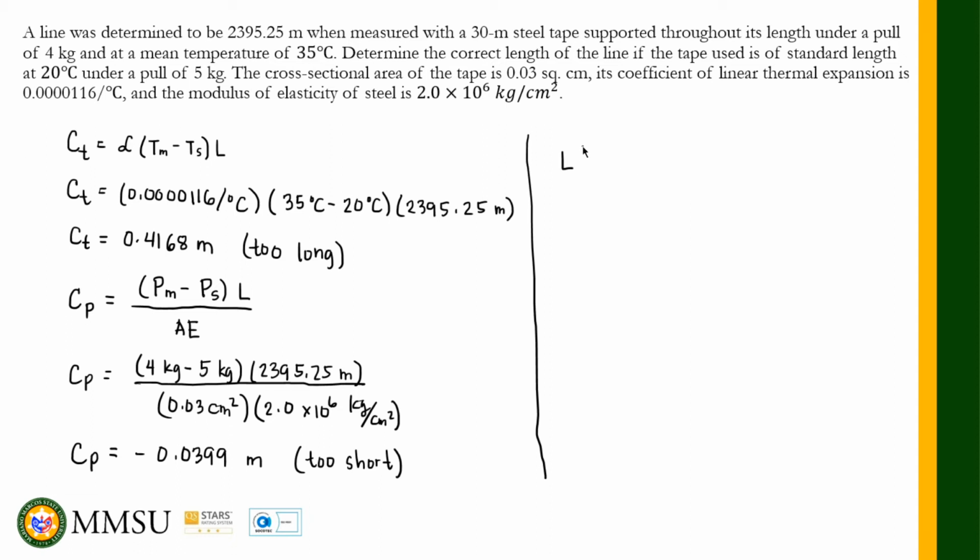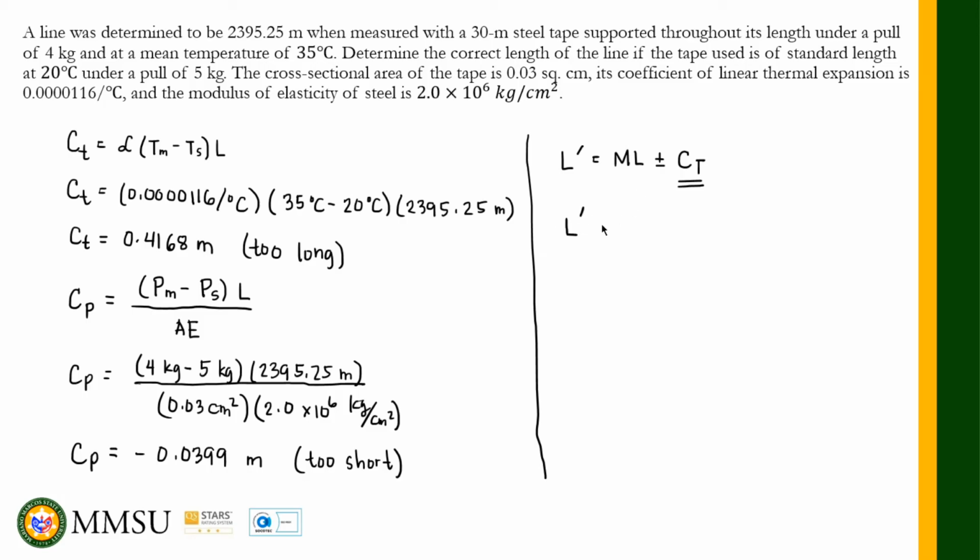So the correct length, L prime, is equal to the measured length plus or minus the total correction. Itong total correction na to is the summation of all the corrections. Okay? Since we are measuring, ito trick na, measuring whatever yung nandyan na i-add na lang natin. Okay? Pagsamahin na lang natin yung dalawang yan for the correction total.